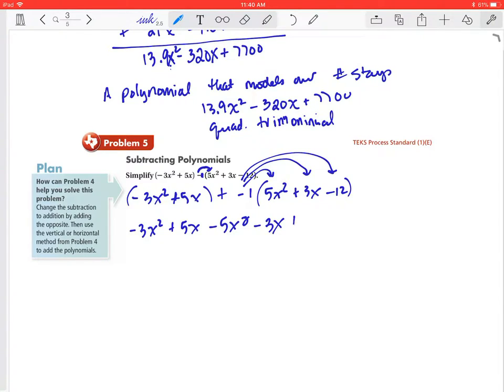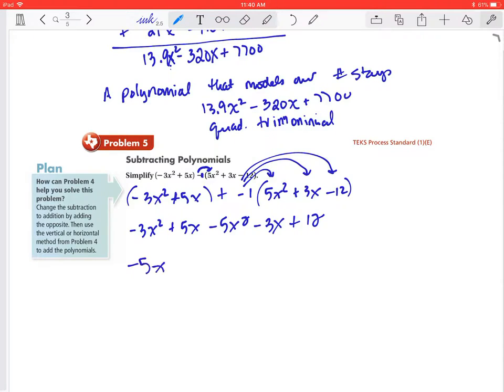And then negative 1 times negative 12 gives us positive 12. Now, there's a couple of ways you could have done it. You could have just put it underneath the other one, but I think this is the easiest way to do this, because this is how it's going to look when you get into factoring in the future. So now I'm going to order and combine in terms of like terms.